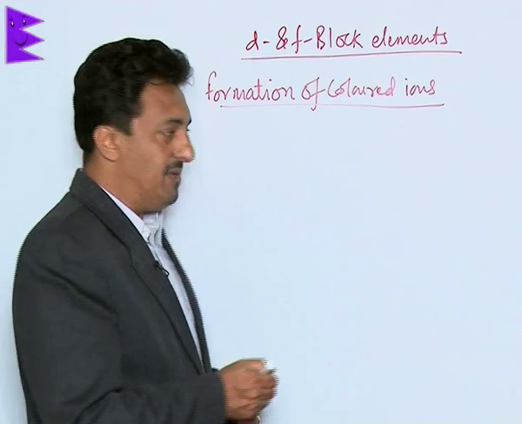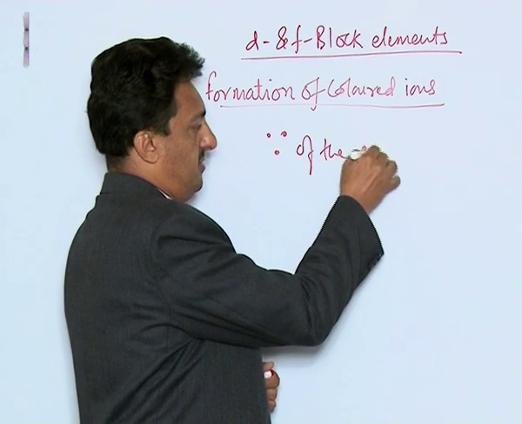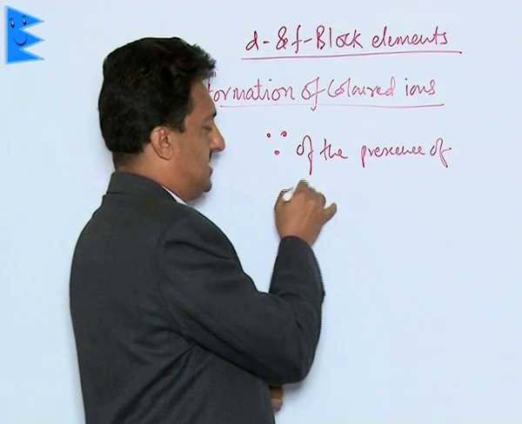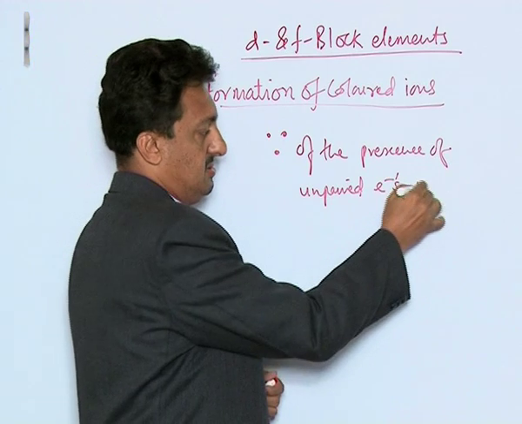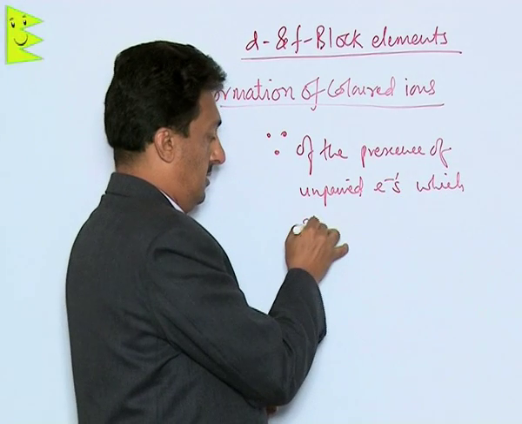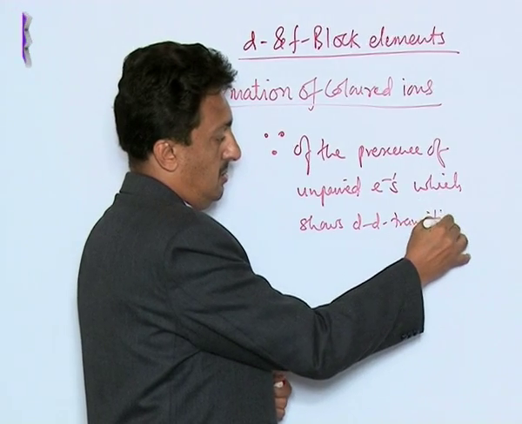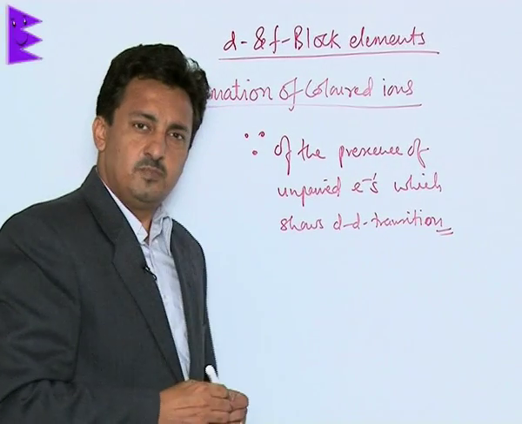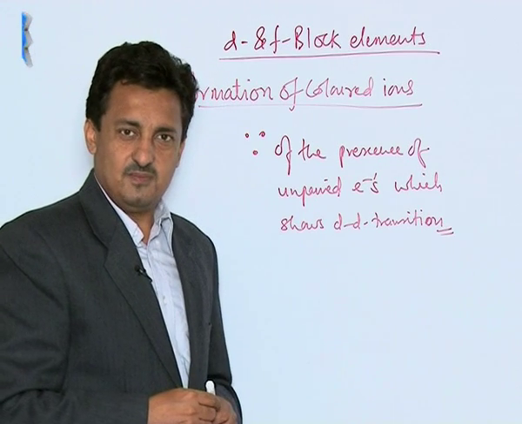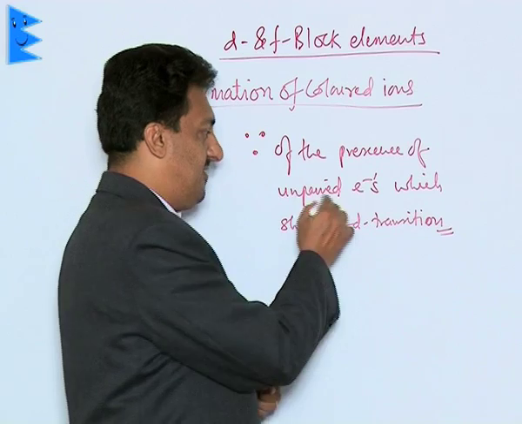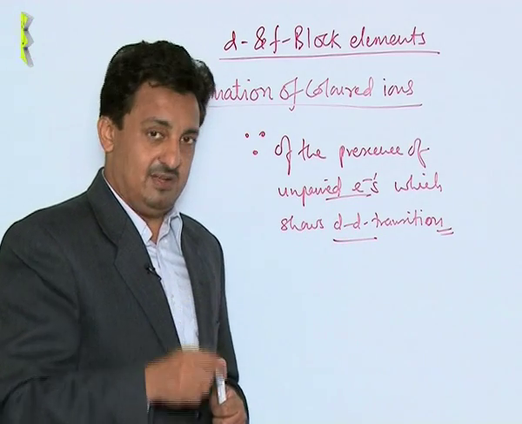Now they form colored ions mainly because of the presence of unpaired electrons which show d-d transition in their split d orbitals, and that is why they are able to show color. See, both these conditions are very important, and only the presence of the unpaired electrons will not make them colored.